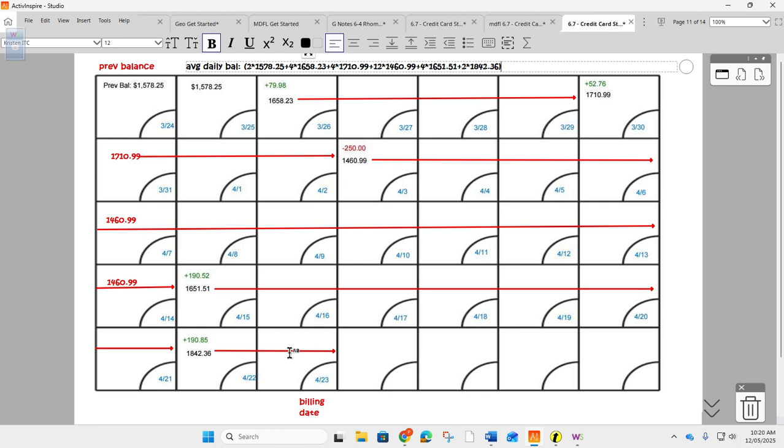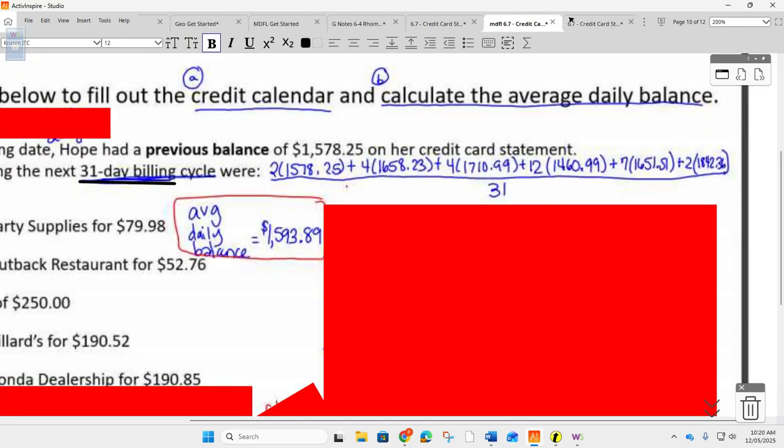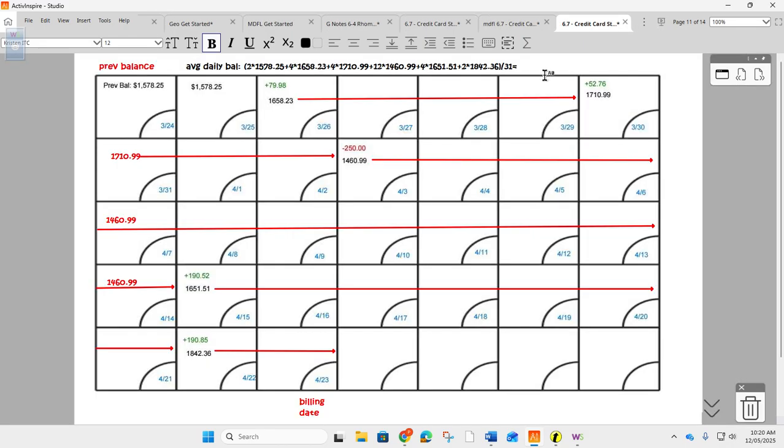When you do, I've forgotten what you get, but I have it up here, 1593.89. So this is the average daily balance.